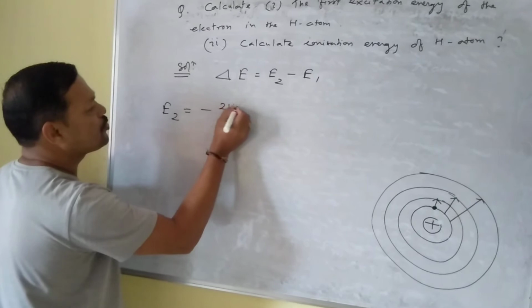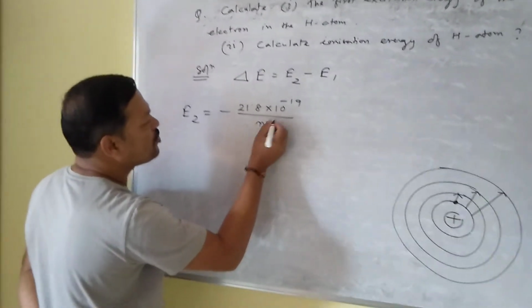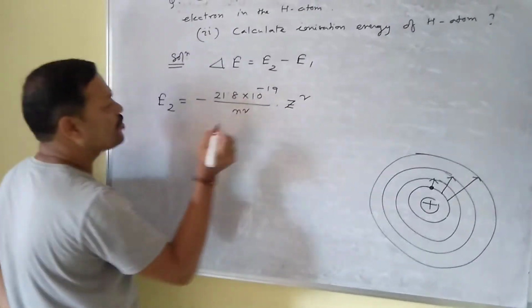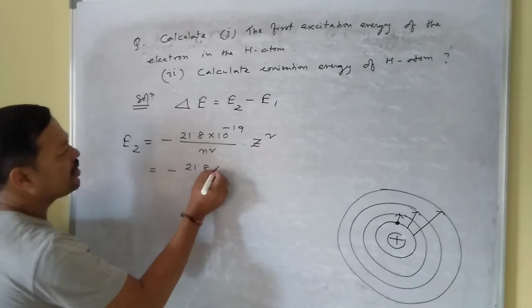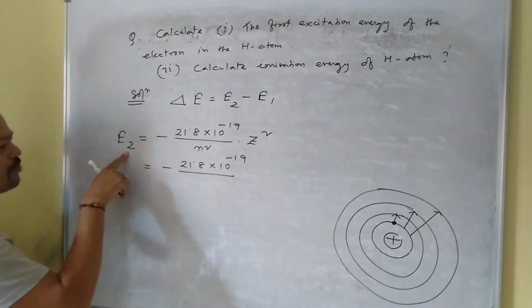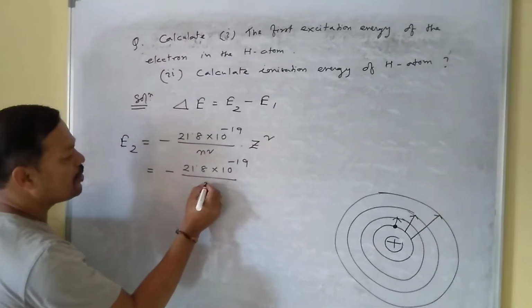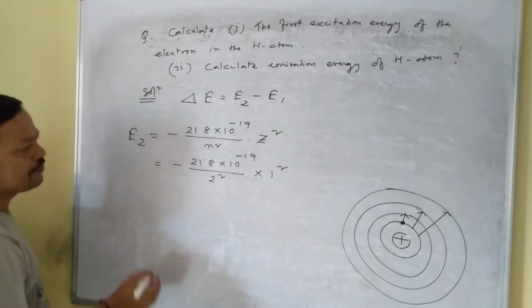E2 is equal to minus 21.8 into 10 to the power minus 19 divided by n square, whole thing multiplied by z square. So this is equal to minus 21.8 into 10 to the power minus 19 divided by, since you want to determine for the second cell, second orbit, that's why it becomes 2 square. Atomic number of hydrogen is 1, that's why 1 square.